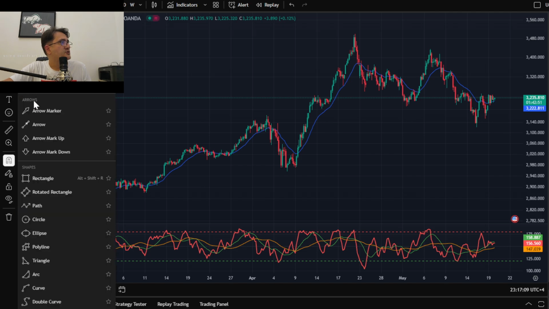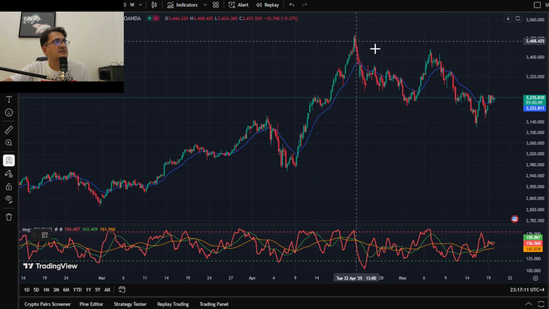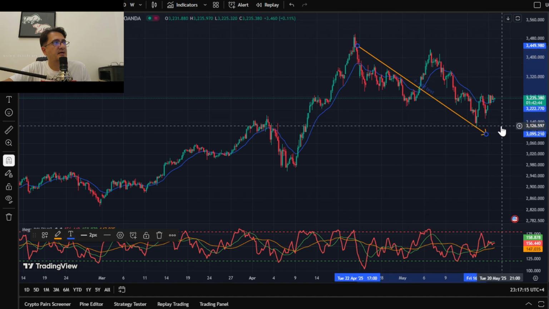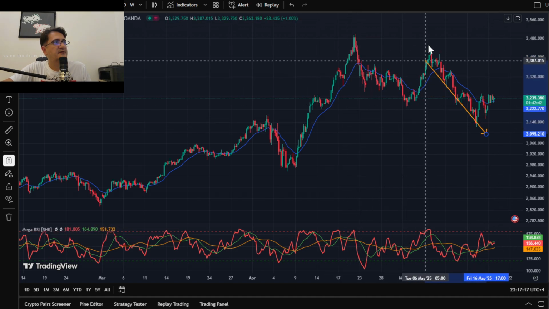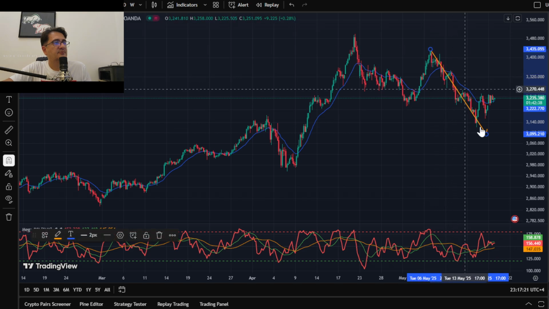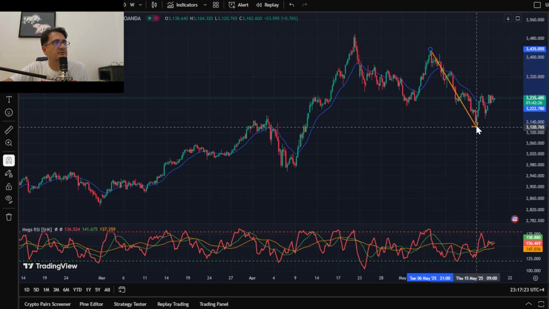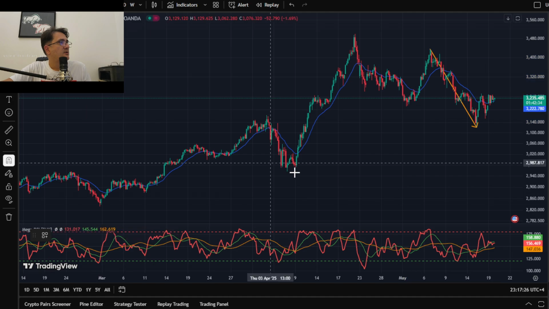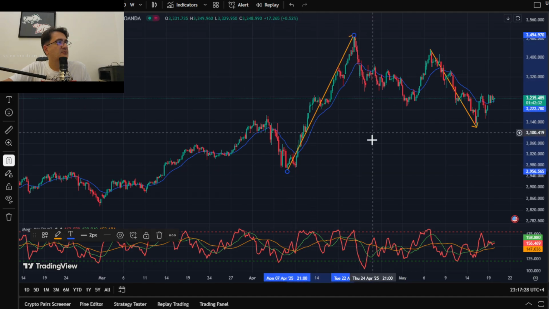If I want to show it to you here, you can see, for example, in this area, the price is coming down all the way, or here it is more understandable that the price is all the way coming down to this spot, or here it's all the way going up.